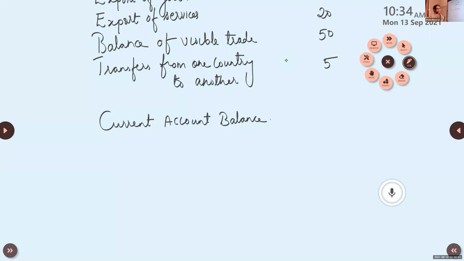I told you what all will come under current account balance: visibles and invisibles. So find out what is there in the table, what all comes under the visible and what all comes under invisible. Add it, you will be getting current account balance.